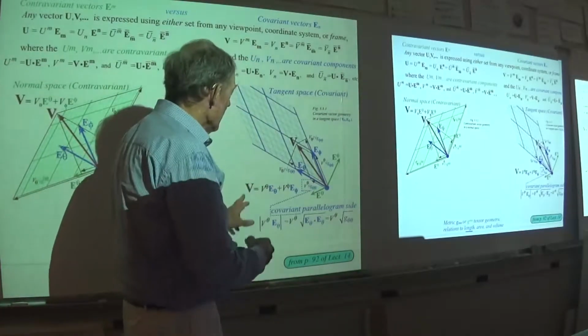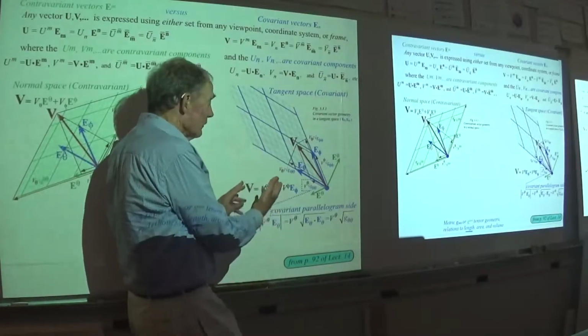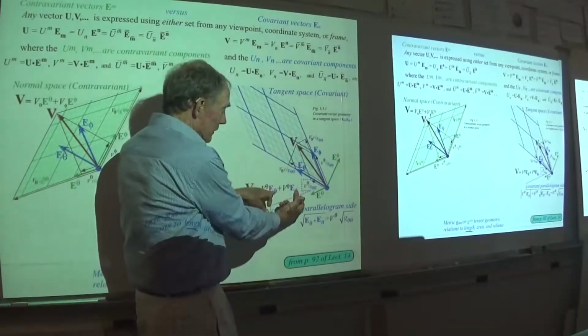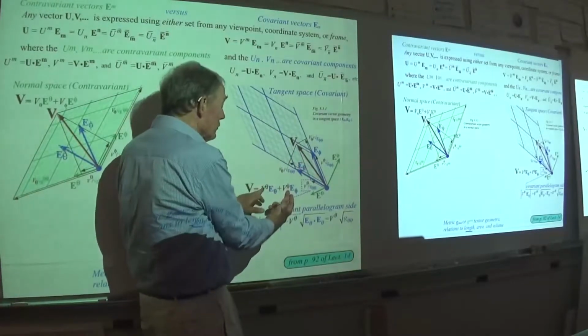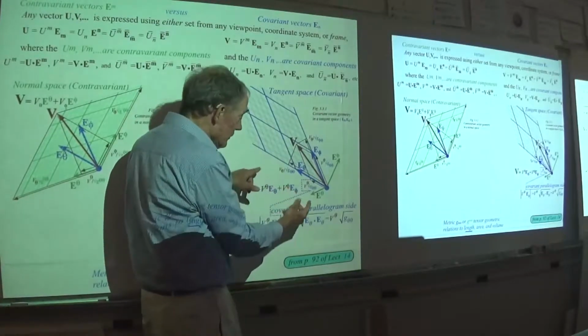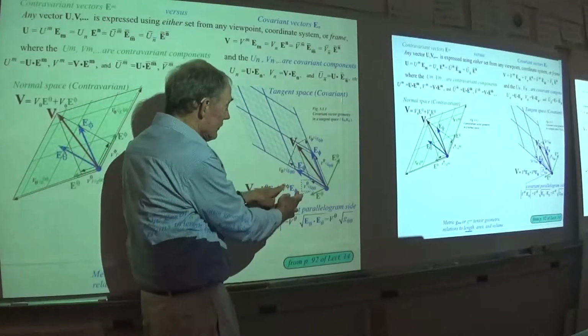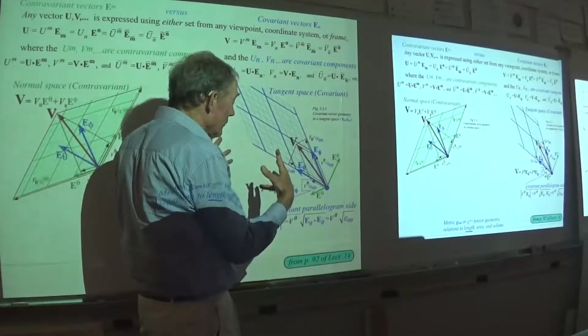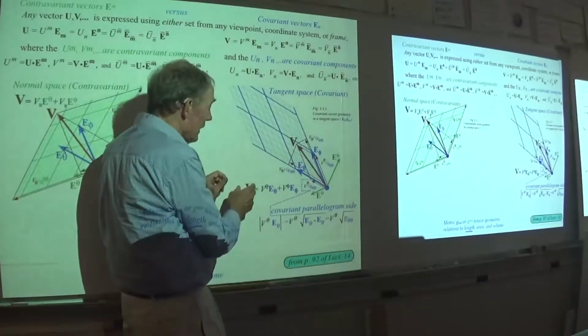Well, the basic definition of a vector in terms of the covariant vectors, which have contravariant components, the idea being that this thing transforms inversely to this, so that when I do imagine a transformation, it is not having any effect on this vector.